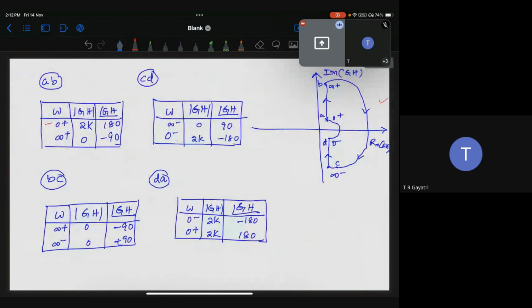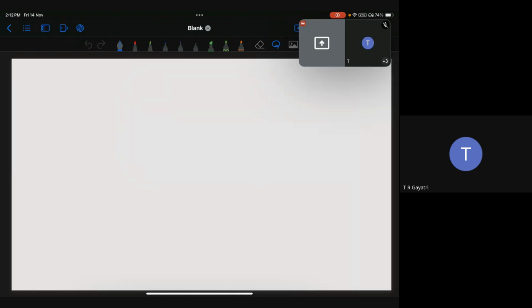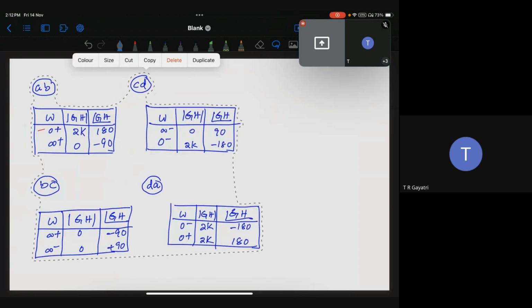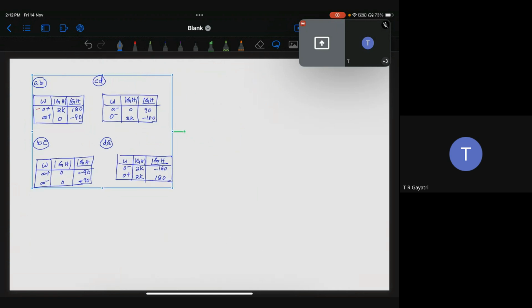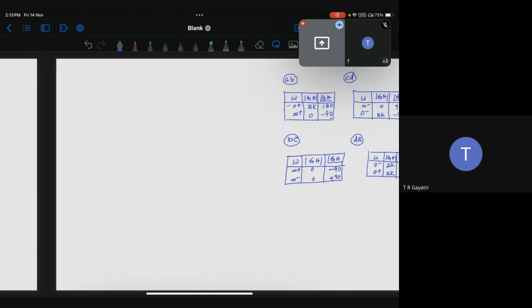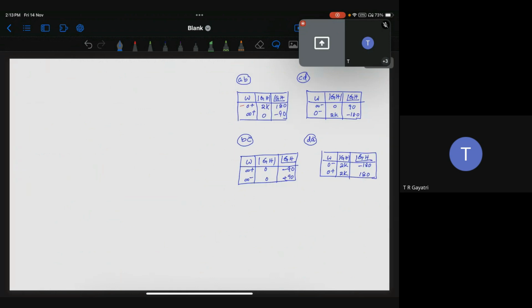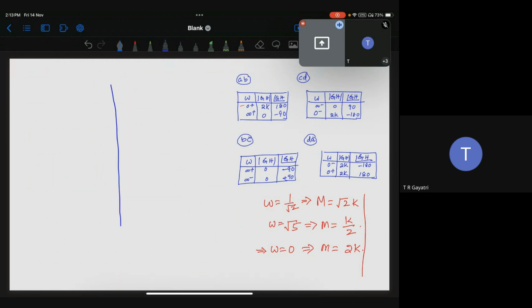So I'll copy these four, and let me reduce the size also. I'll copy this thing also, because these are the things we need for drawing the Nyquist plot. So let's draw the Nyquist plot now.